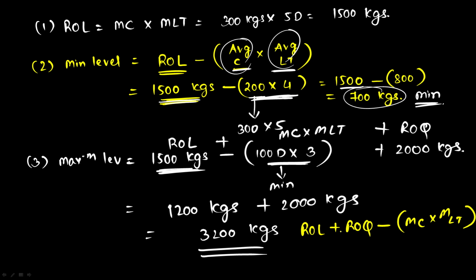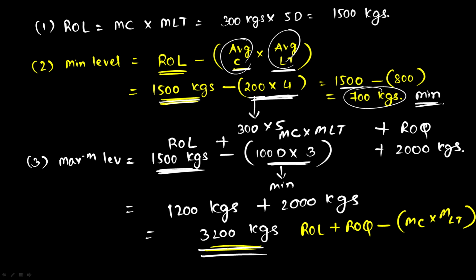You will reorder 2000 kgs at 1500. Your lead time will be 3 days, and in these 3 days you will use 100 kgs per day. If all this is satisfied, the day on which your raw material is received, on the 4th day, your stock will be how much? 3200 kgs. This will be the maximum stock.